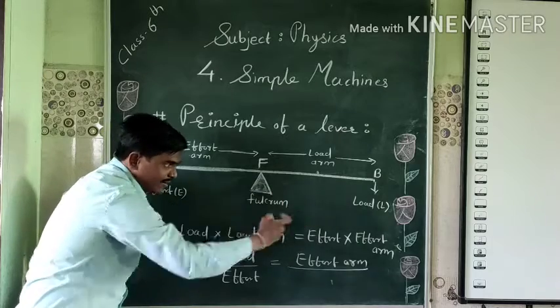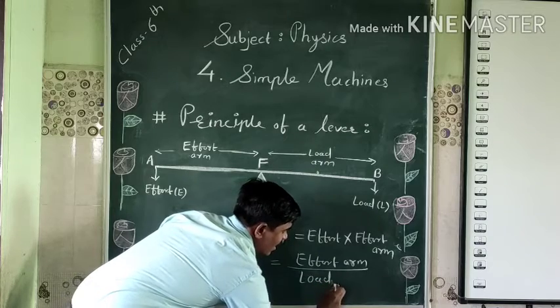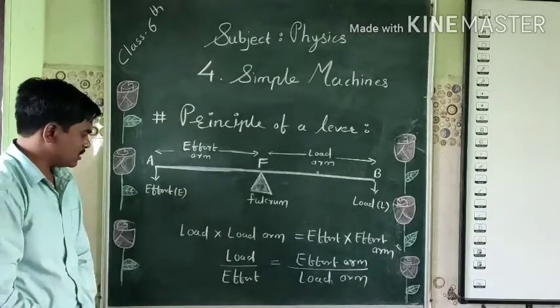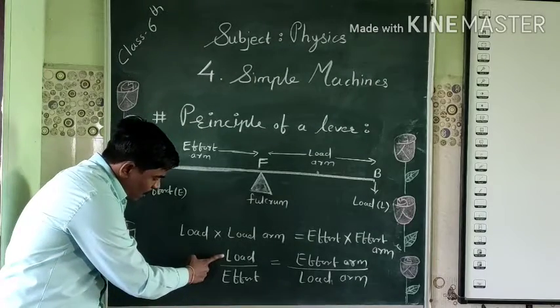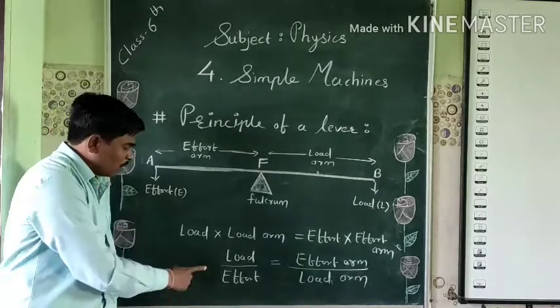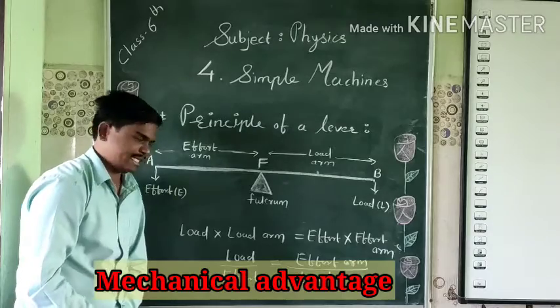So it equals effort arm divided by load arm. And students, we know that load divided by effort, the ratio of load to effort, is called mechanical advantage.